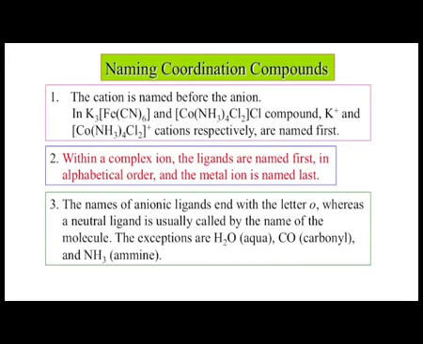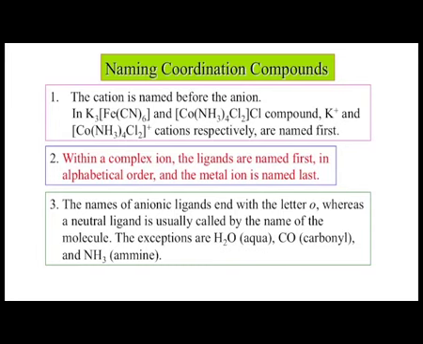So, if we have K3[Fe(CN)6] and [Co(NH3)4Cl2]Cl, these compounds we have been seeing for the last 2 classes, and all the time we are taking the example of these cobalt amine compounds containing some chloride groups.